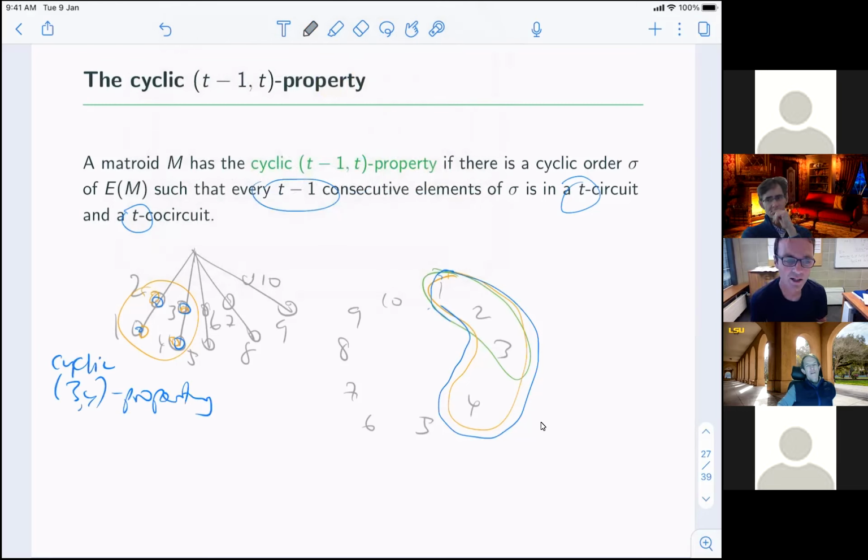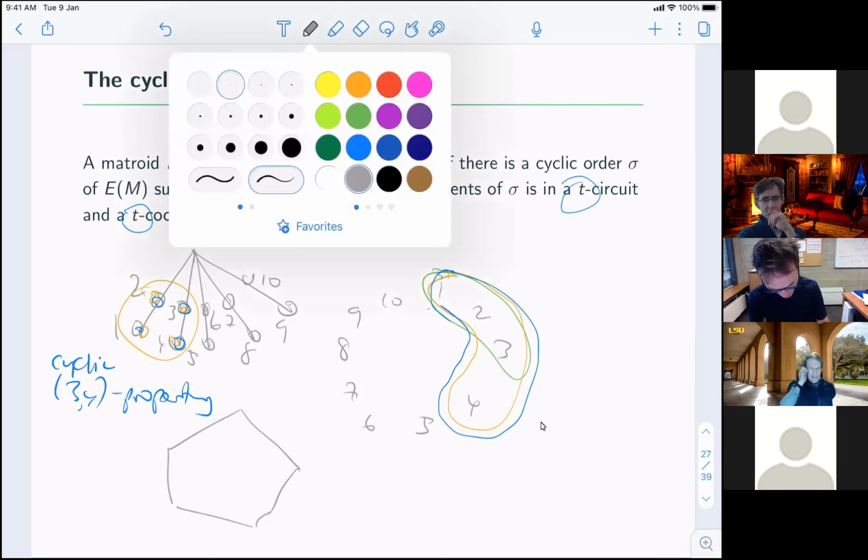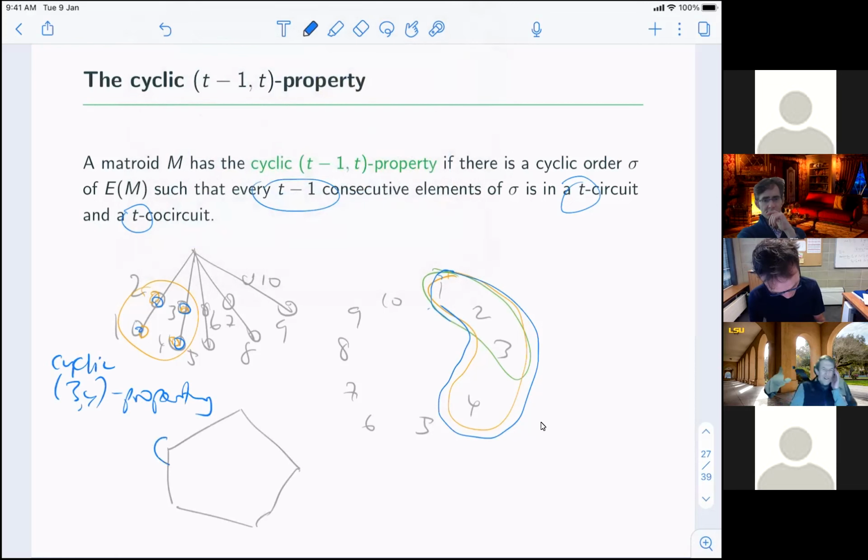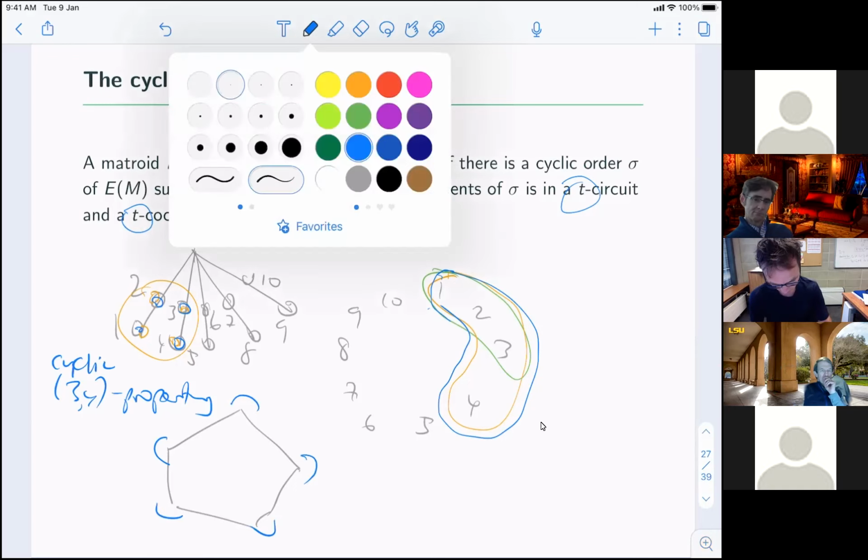Are there examples beyond spikes and wheels and whirls? And you can have swirls. So this time, to get a swirl, here's a rank 5 swirl. Take a basis. Better label the basis.